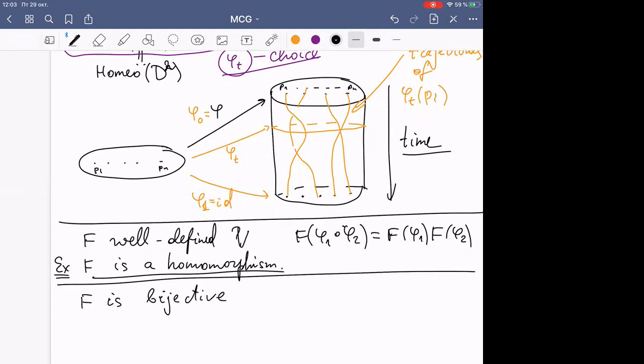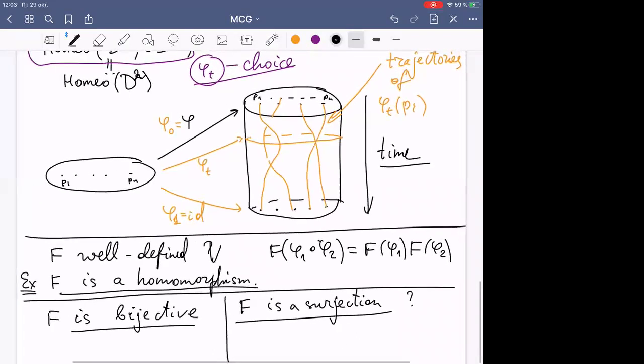First of all, why is F a surjection? F is a surjection because this is just a version of the proposition on extending isotopies, which we discussed even in a more difficult situation.